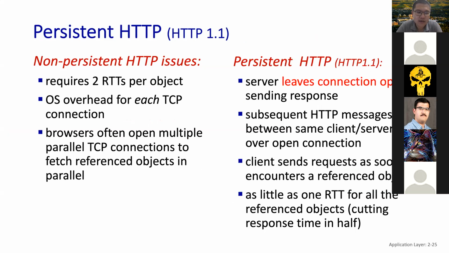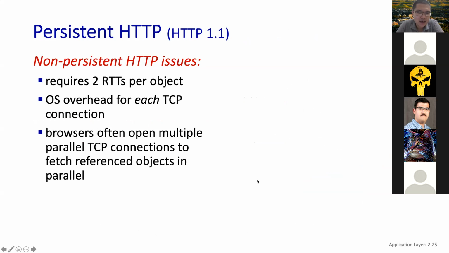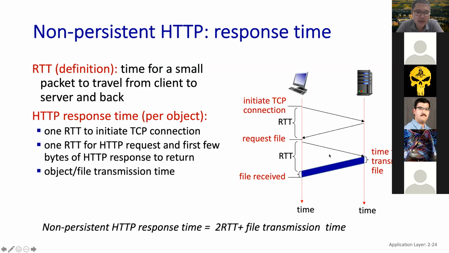So we send the HTTP request message to the server and receive the HTTP response message from the server. That's a packet. After that, you still need to send the data along with the HTTP request or response message, and that data is the file transmission time.